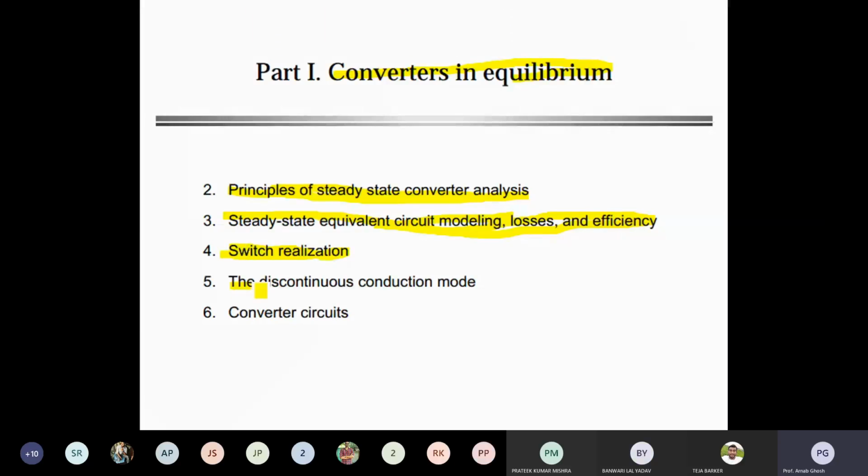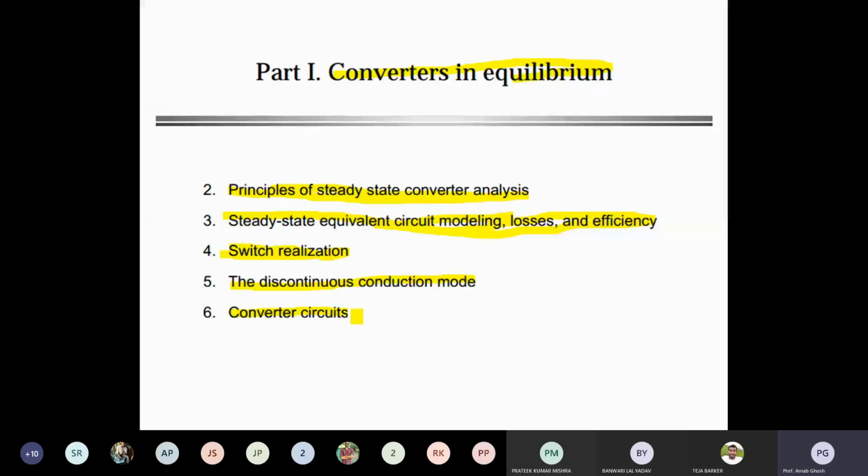Okay, the discontinuous conduction mode. In my last slide I discussed the continuous conduction mode; now the discontinuous conduction mode. Why is it important? It has another effect. So which is important, continuous or discontinuous, depends on your application. In continuous conduction mode the ripple is less, but in discontinuous conduction mode the inductor current ripple is high.